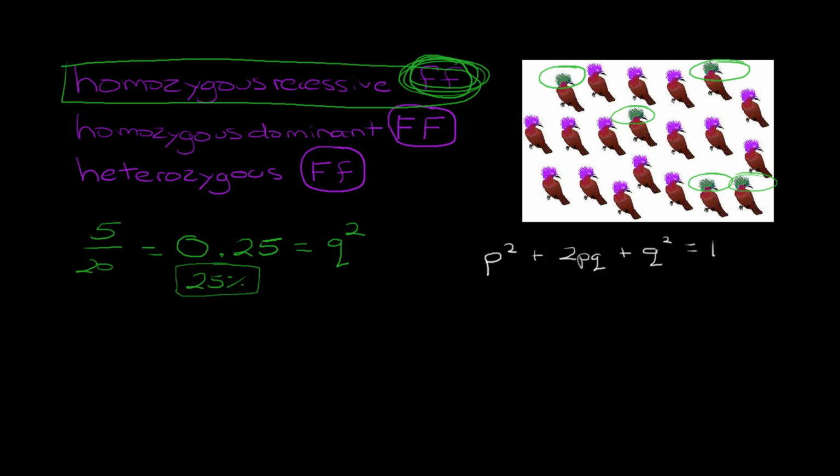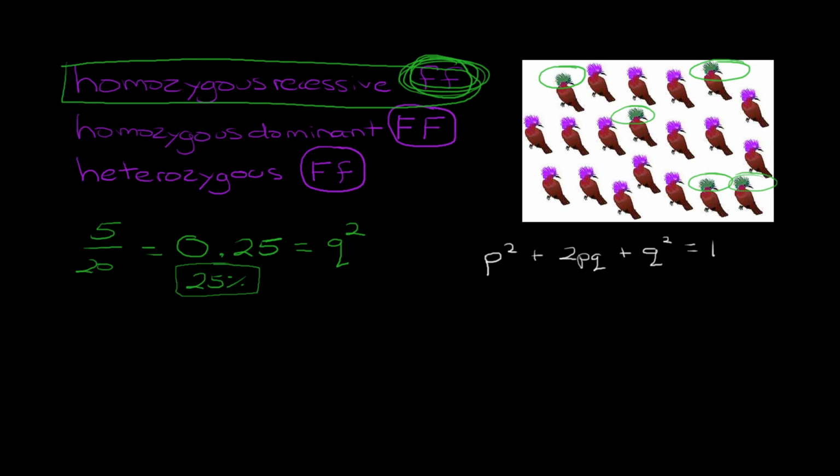What's really cool about Hardy-Weinberg is you can apply this calculation to a population of not just 20 birds. You can apply it to a population of 10,000 of these birds. And if the allele frequency is unchanging, and the population is at Hardy-Weinberg equilibrium, then you can guess that 25% of the birds are going to be homozygous recessive, showing green feathers.